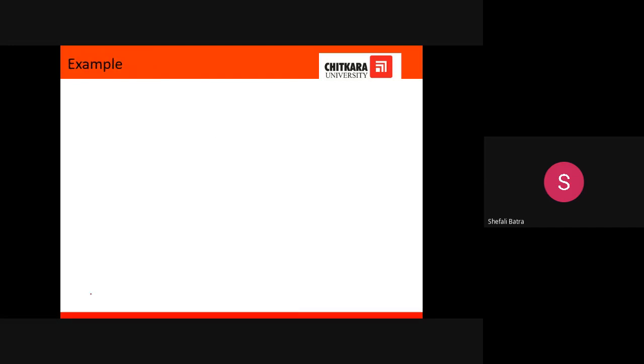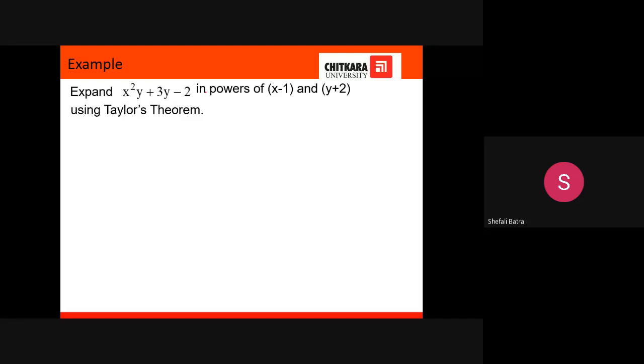Now come to the next. You will do it and let me know what will be the values. Now, next question is expand x square y plus 3y minus 2 in powers of x minus 1 and y minus 2 using Taylor's series or theorem. Now tell me which formula we use. Which formula we use?